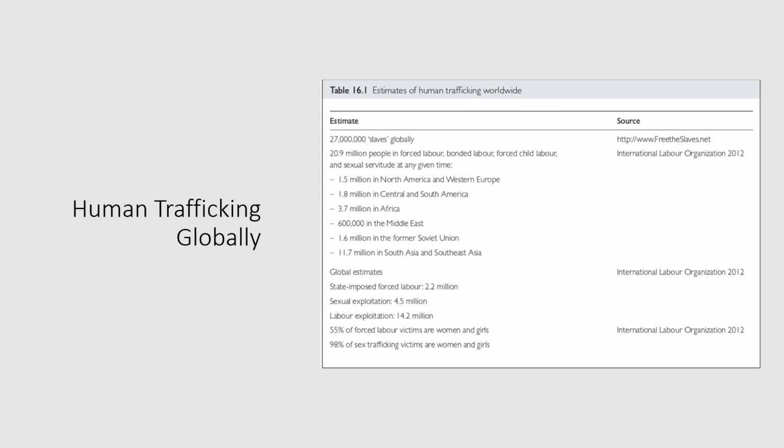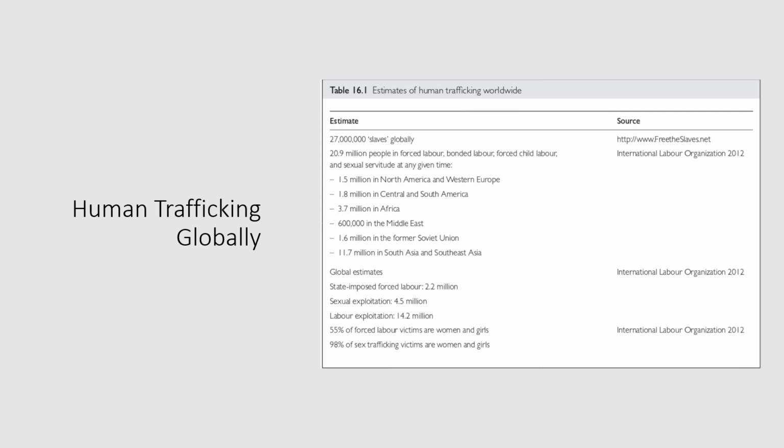Okay, so human trafficking globally, you see that there are estimates for about 27 million slaves globally. 20.9 million people are in forced labor, bonded labor, forced child labor, and sexual servitude.